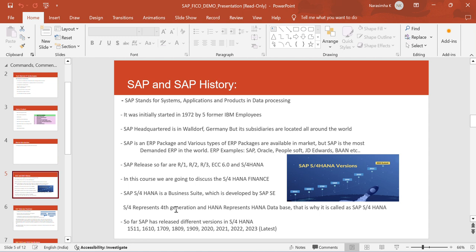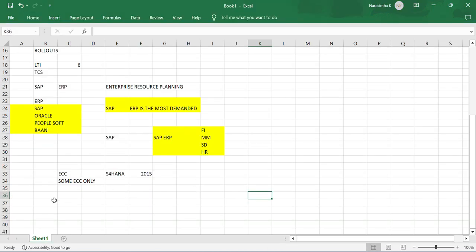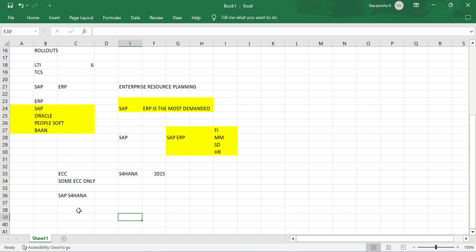What is SAP S/4HANA? SAP S/4HANA is a business suite, which is developed by SAP SE. What is the abbreviation of SAP S/4HANA? Why are we simply calling it S/4HANA?